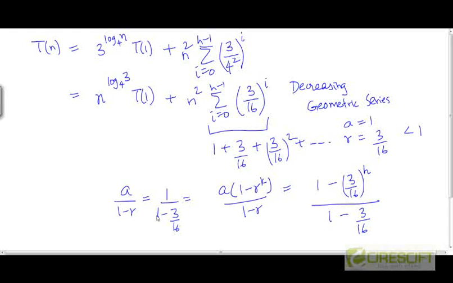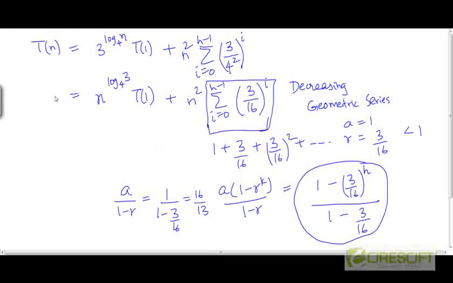So this would have been 1 by 13 by 16, or the reciprocal of 13 by 16, which is 16 by 13. So we know that whatever be the exact value of this, it must lie between 1 and 16 by 13.